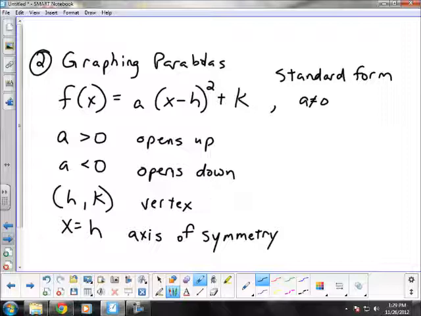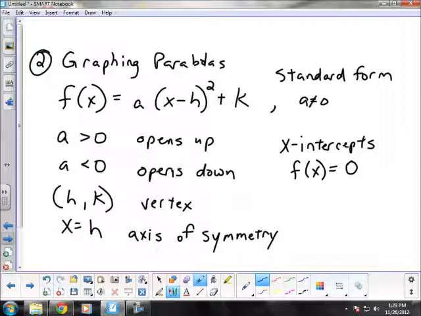And then in the process of graphing the parabolas, a lot of times when we graph any kind of curve, we want to know where it crosses the x and the y-axis. So the x-intercepts, remember, are where we cross the x-axis. And the way we always find x-intercepts is we take the equation and set it equal to 0. So we let f of x become 0 and we solve it.